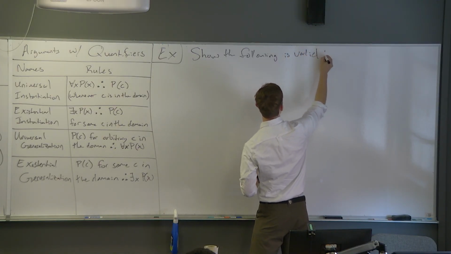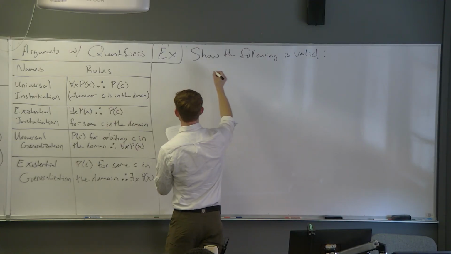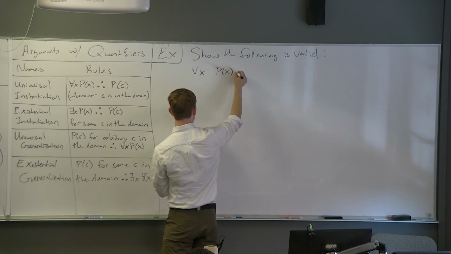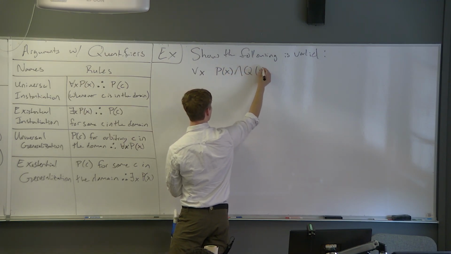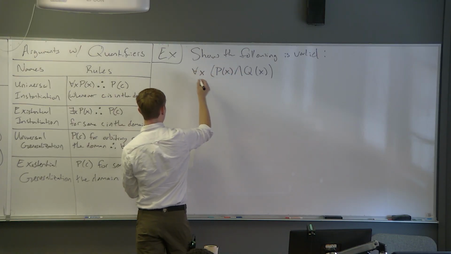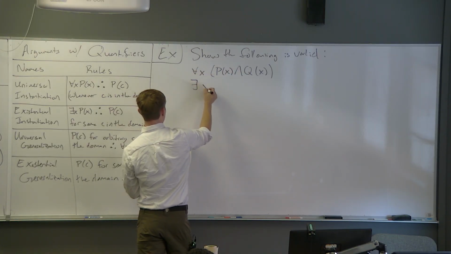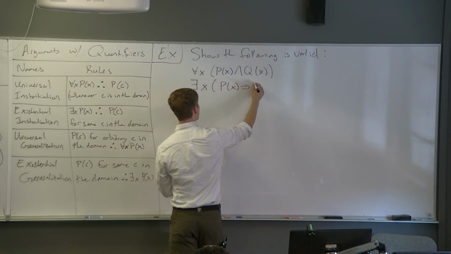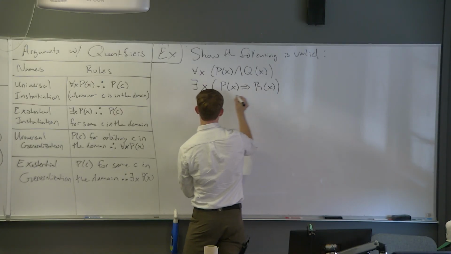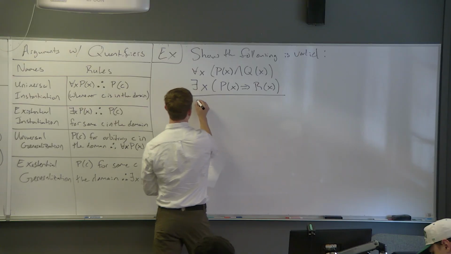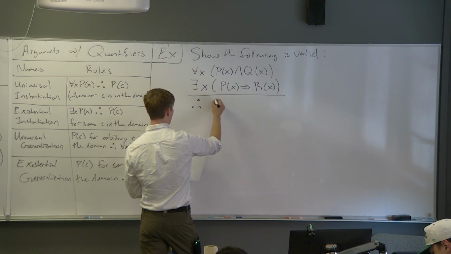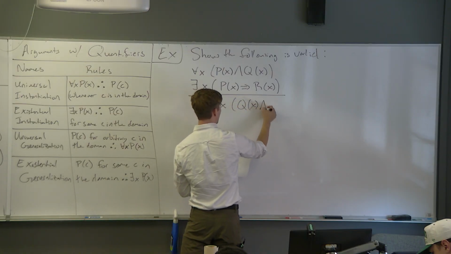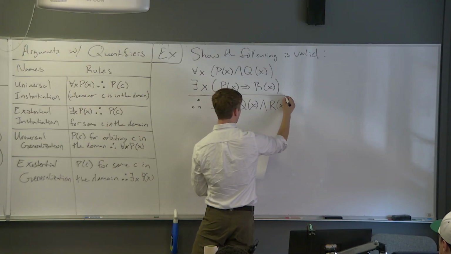So let's show that the following argument is valid. For all x, P of x and Q of x, and there exists x such that P of x implies R of x is true. Therefore, our conclusion says that there exists x such that Q of x and R of x is true.